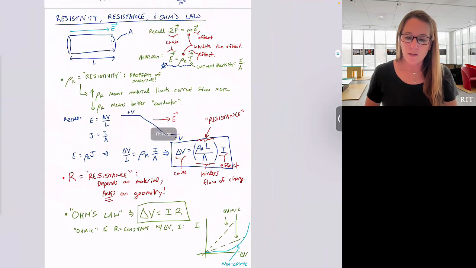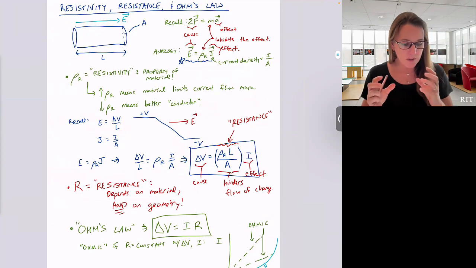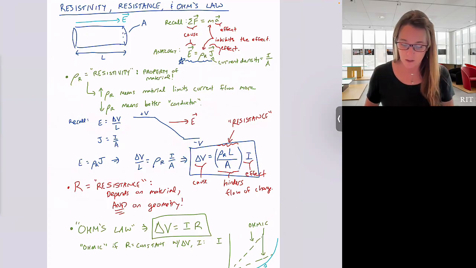Okay, and then the last thing that I want to mention when we talk about resistance, resistivity, and Ohm's law is fundamentally what's going to be causing some of this resistance.